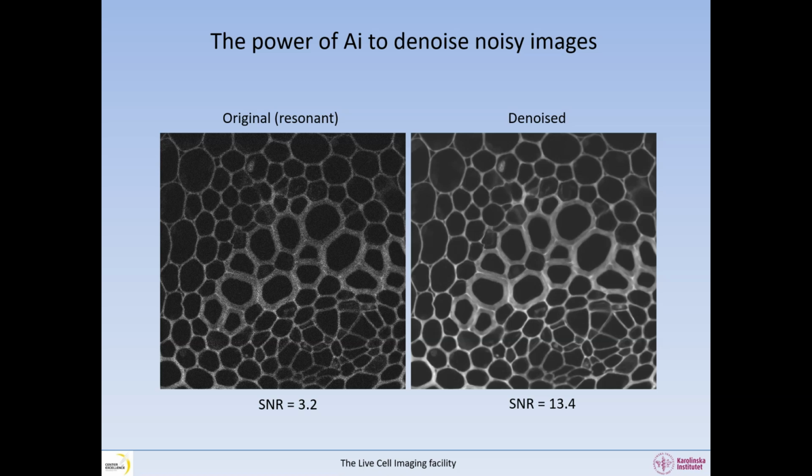And after denoising on the right side, it's quite easy to see that all the grain has gone and all the details came back. And from the signal-to-noise ratio, you can appreciate that we go from 3.2 to 13.4, so the signal-to-noise ratio is much higher in the denoised image.